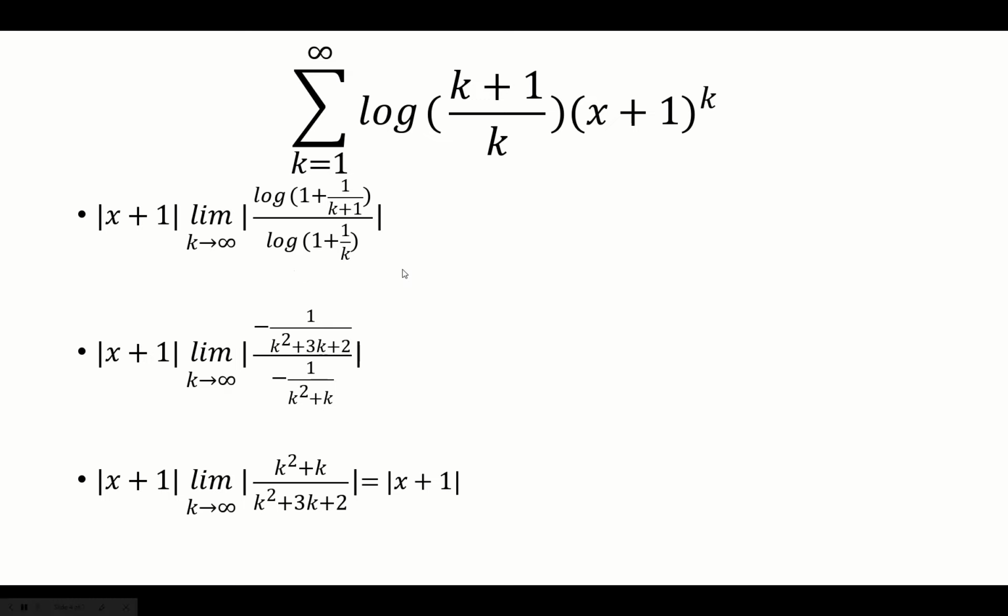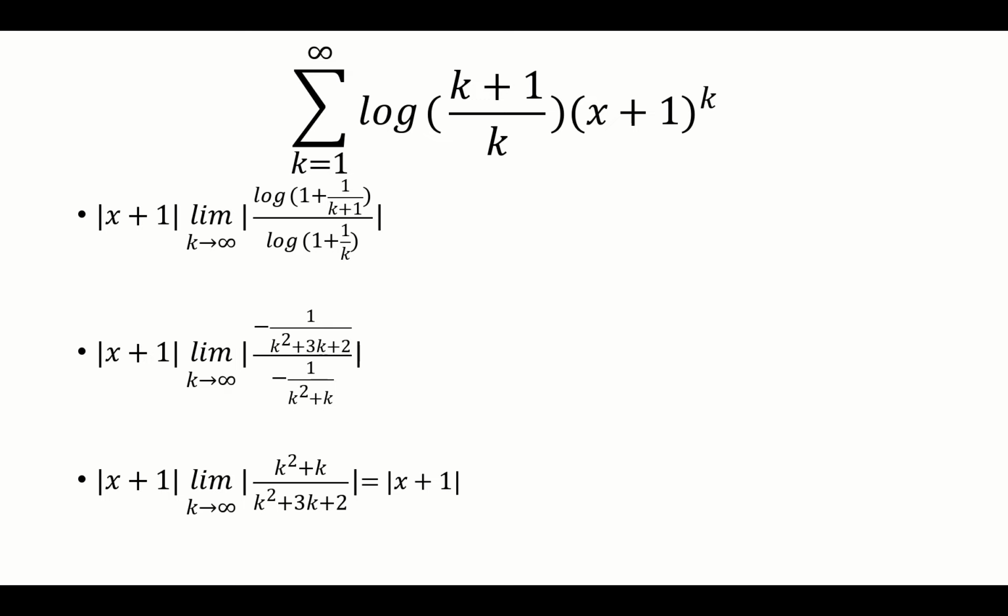For that, we're going to use L'Hopital's rule, which says to take the derivative of the top and the derivative of the bottom. Here the log, I'm treating it as natural log. It doesn't matter what log it is. It could be log base any other number, but when you take the derivative, you're going to have ln of the base, which is going to cancel with the bottom.